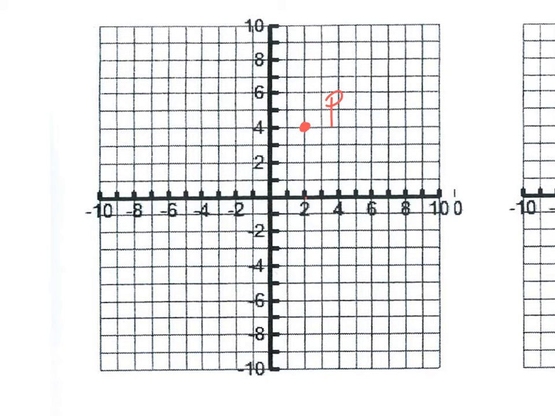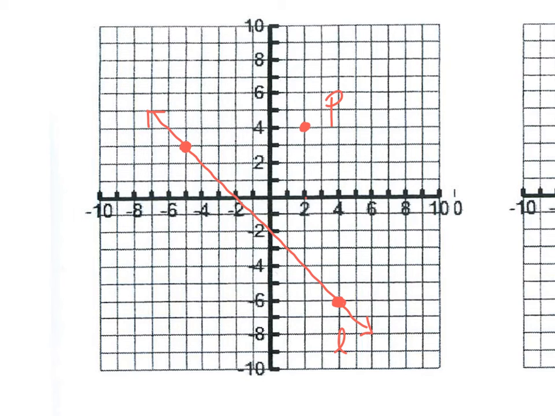And then my line is at negative 5, 3, and 4, negative 6. Okay, this is my line L, and I need the distance between P and L. So first thing I do is graph what they tell me.